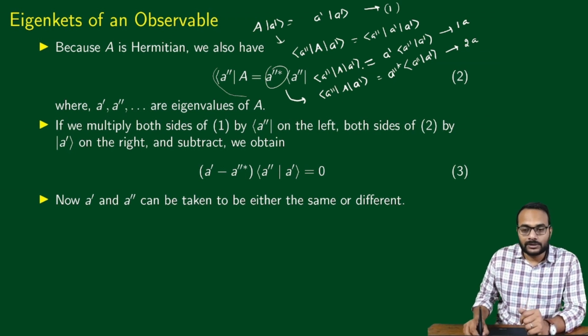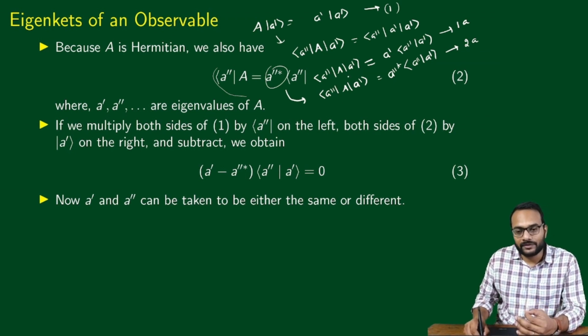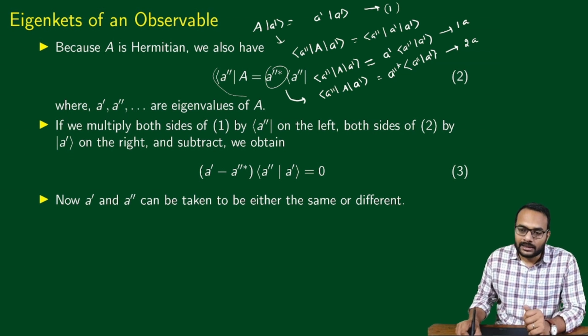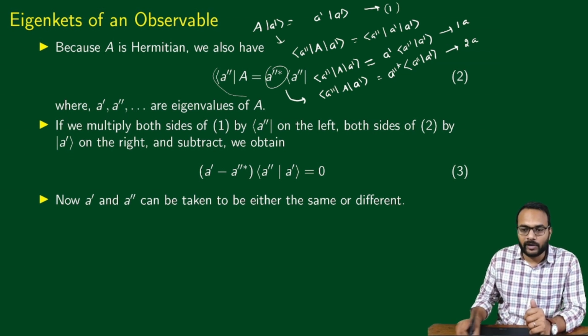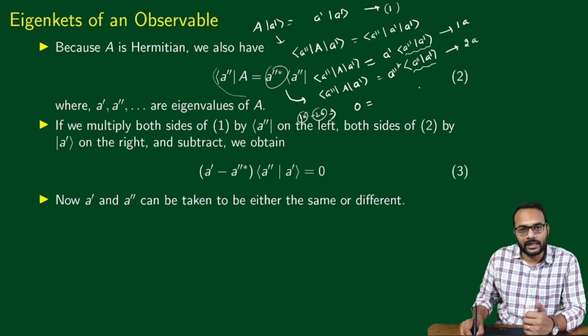Now you see that we have got two equations whose left hand sides are equal. So we can subtract one from the other. Let's subtract 2a from 1a. The left hand side becomes 0, since this bracket of A double prime with A prime is the same on both sides.